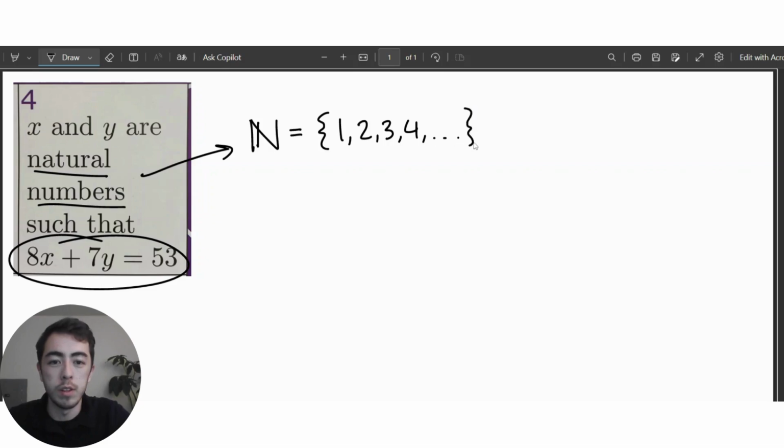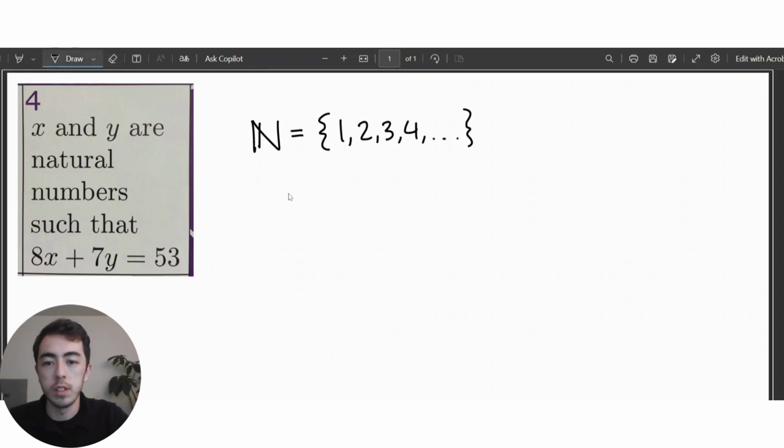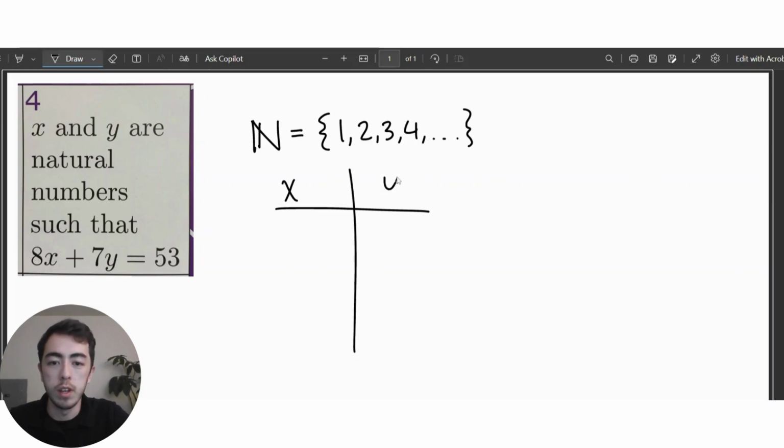So now we need to figure out what numbers can go here such that this equation is true. They both have to be whole numbers and both positive, because that's what it means to be a natural number. So what I'll do is I'll just pick a value for x and see what y has to be. And I'm just going to keep going until y is also a natural number.